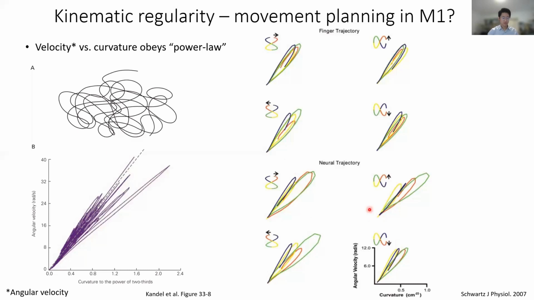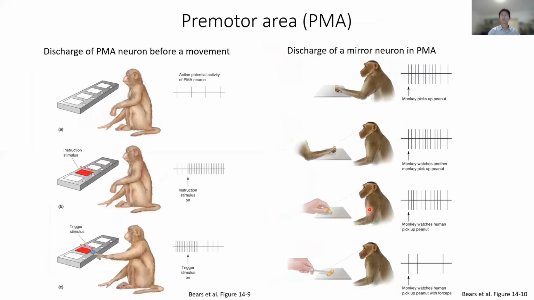Okay, so let's continue. This is about M1 neurons. So what are the neurons in premotor areas doing? So here we still have a monkey. Unfortunately, we always have to use monkeys because in humans it's very difficult to get access to the neural activities in the brain.